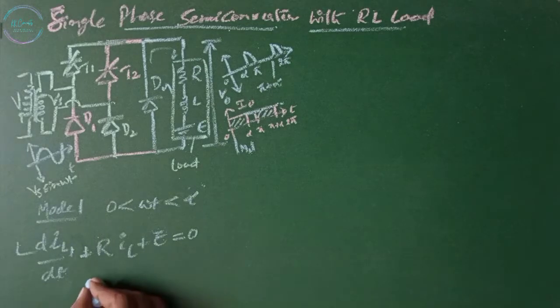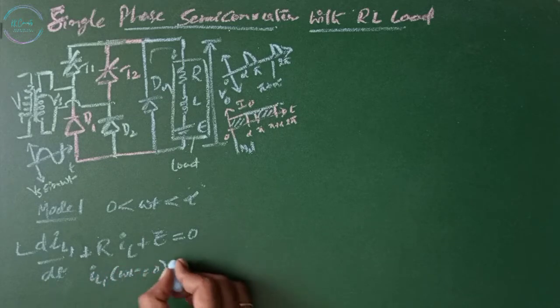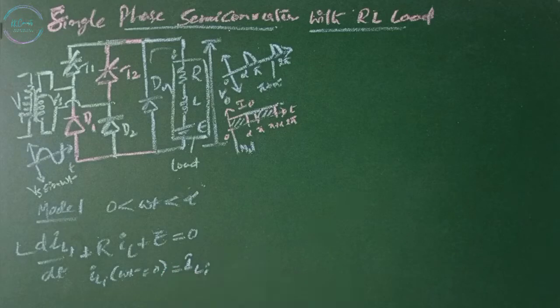Now, the initial condition is IL1 at omega t equals 0 equals capital IL0 in the steady state. This is our initial condition of the current.